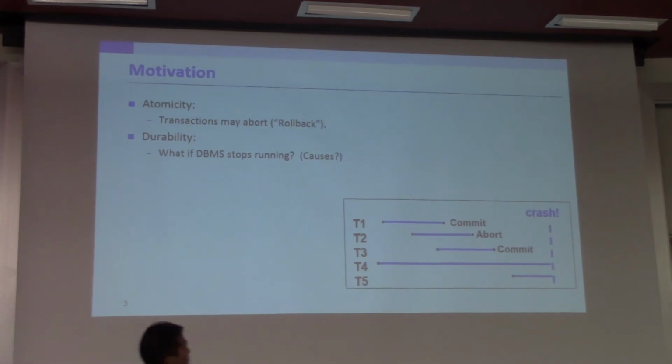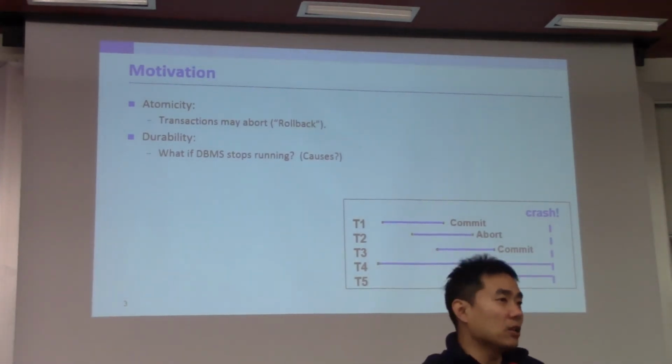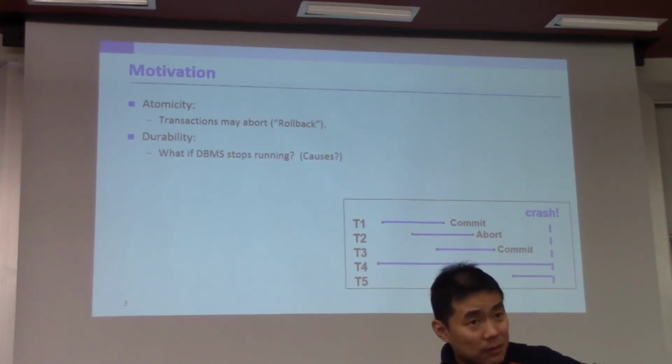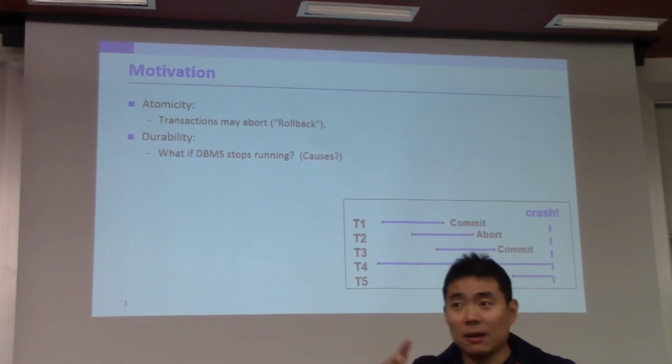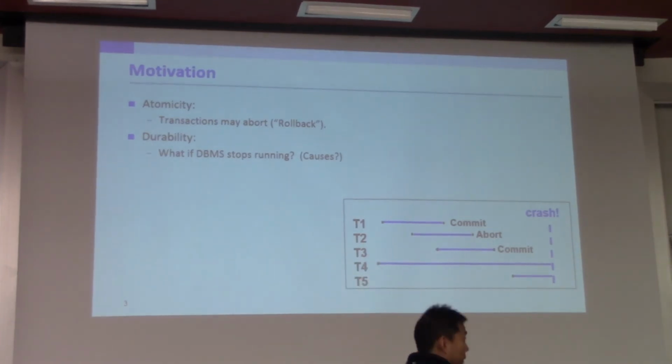So that's essentially the concept of atomicity in the context of transaction. You may wonder, okay, isn't T2 an easier case? T2 aborted before my system crashed, so all the changes done by T2 should have been undone by the time the system crashed. Well, there's no guarantee of that.